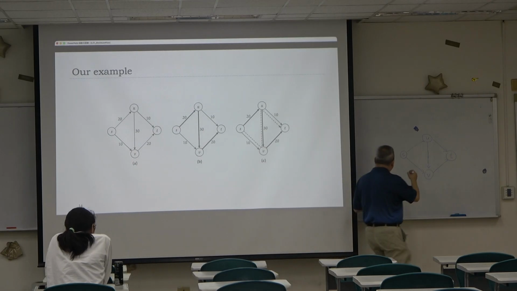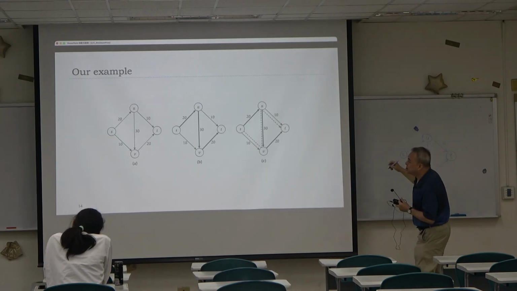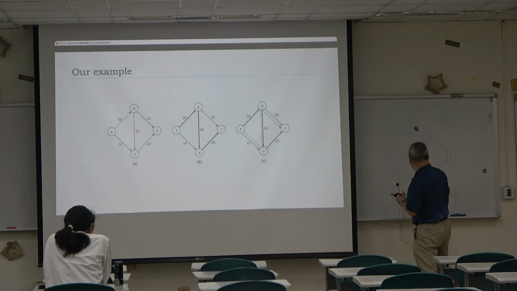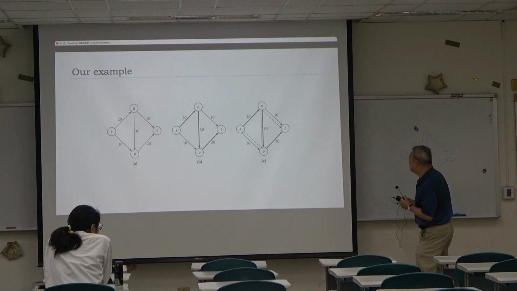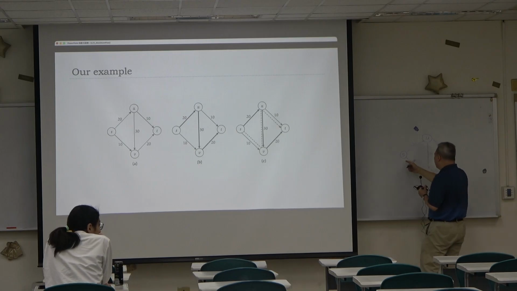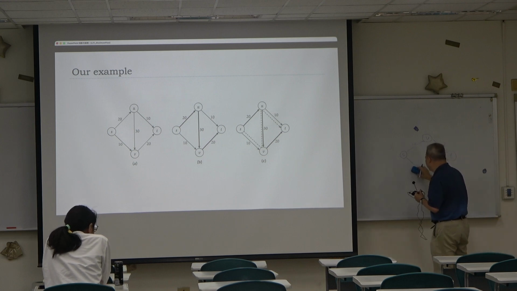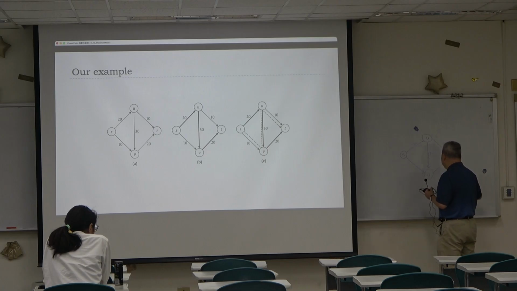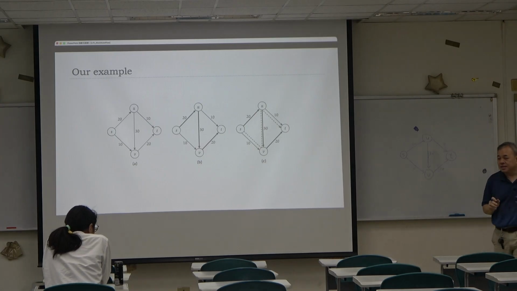So capacity becomes 10 or 0. And we still have capacity to search. Capacity 10. So the next one we try this one. What happens is that this one becomes 0. This one becomes 10.